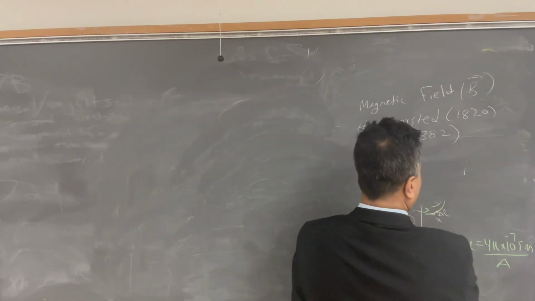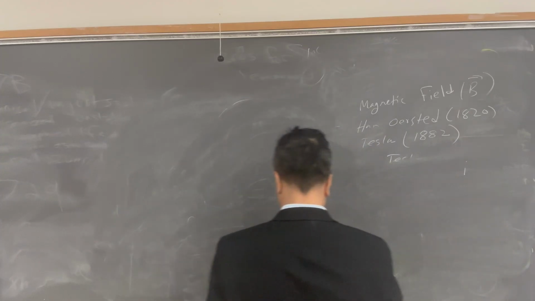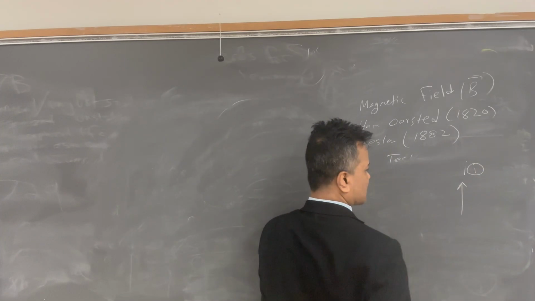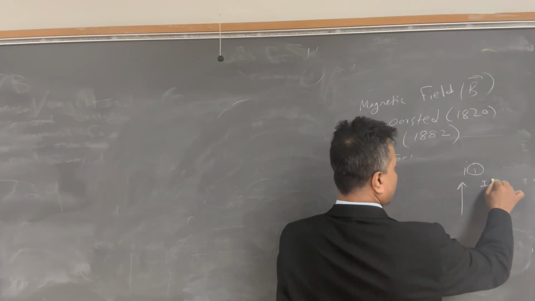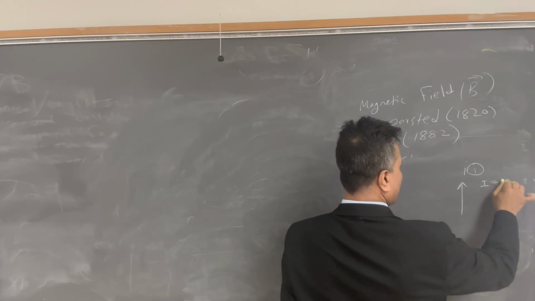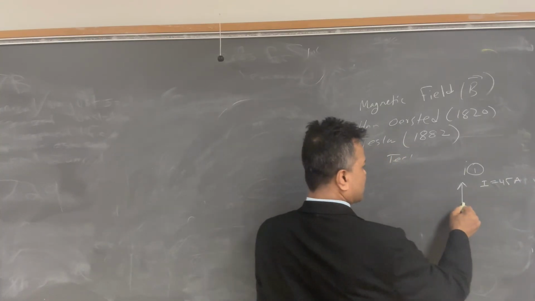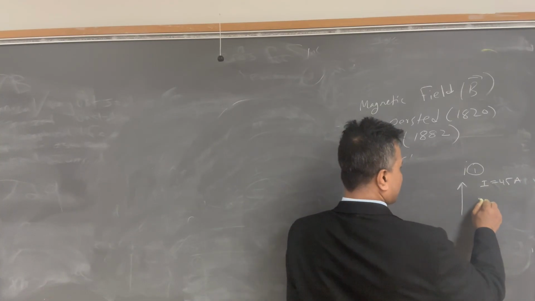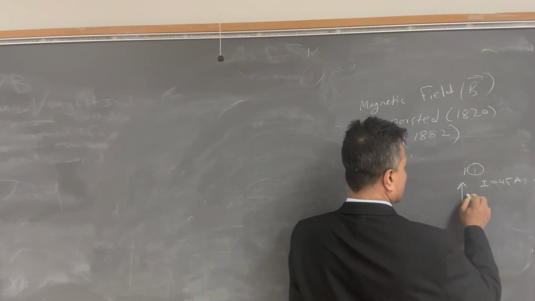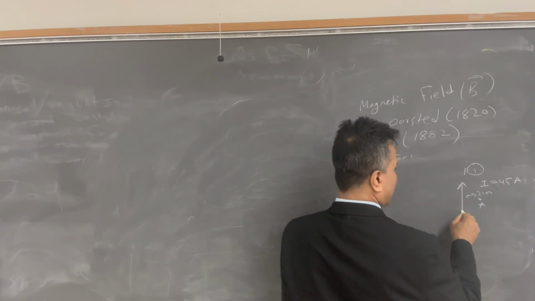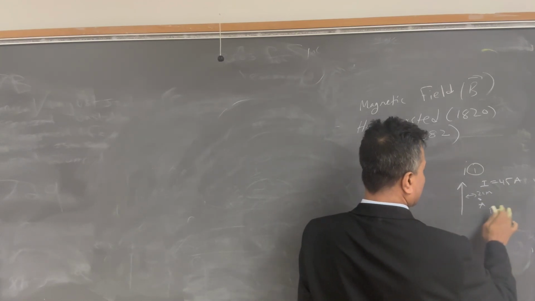Now we're going to quickly give you some examples, like 4 or 5 examples. Example number 1: there is a current of 45 amps flowing through the wire. Find the magnetic field at location A, which is 2 centimeters from the wire.